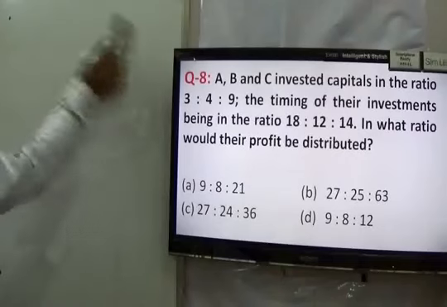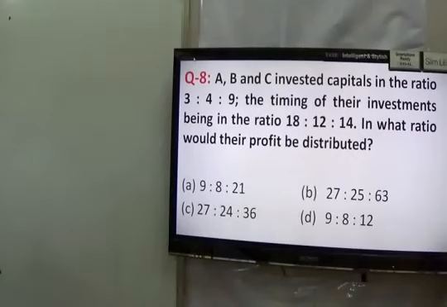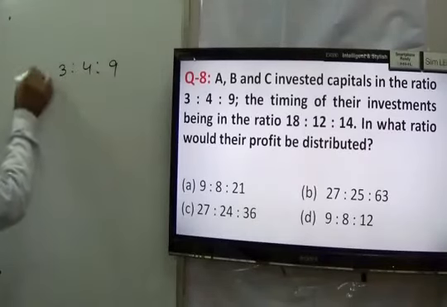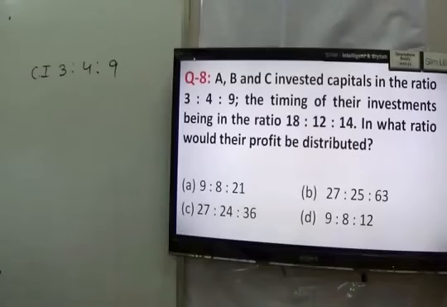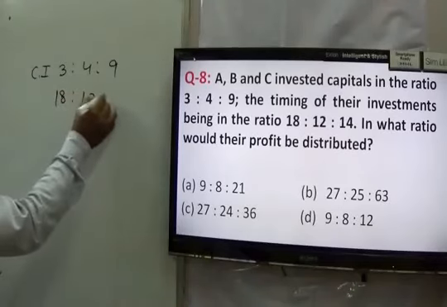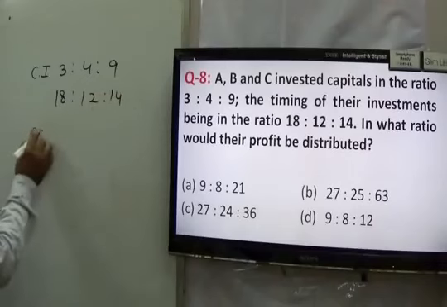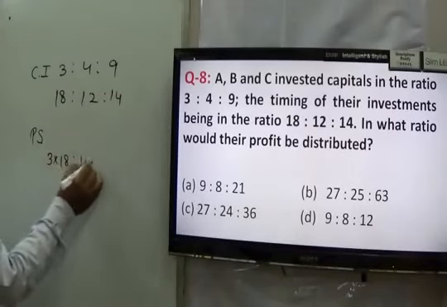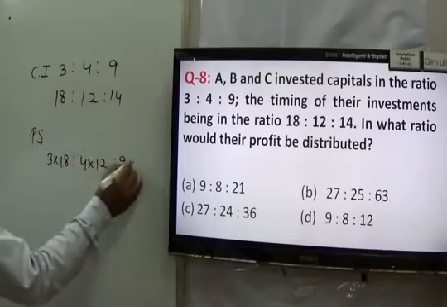Next problem we have question number 8. It talks about 3 partners A, B, C. The ratio of their capital is 3:4:9. So this is the ratio of their capital invested. The timing of their investment is 18:12:14. Same statement. We have to find the profit sharing ratio. Multiply 3 into 18 is to 4 into 12 is to 9 into 14.